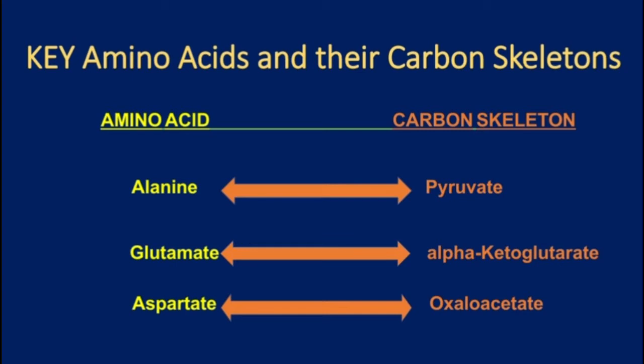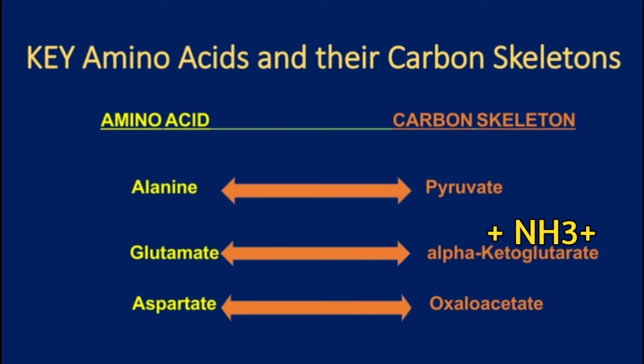Through the ALT reaction, glutamate can be used to make alanine from pyruvate. And through the AST reaction, glutamate can be used to make aspartate from oxaloacetate. And through the glutamate dehydrogenase reaction, glutamate can be broken down into alpha ketoglutarate and ammonia.